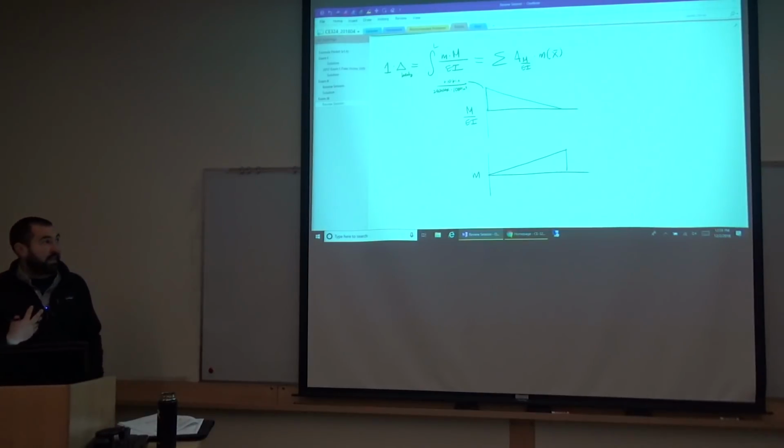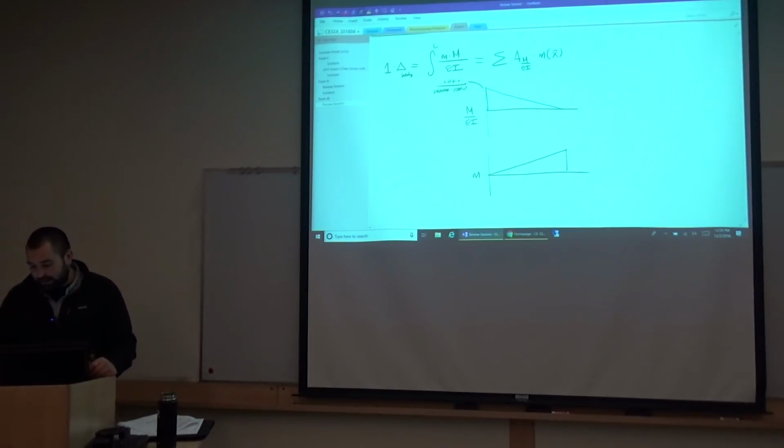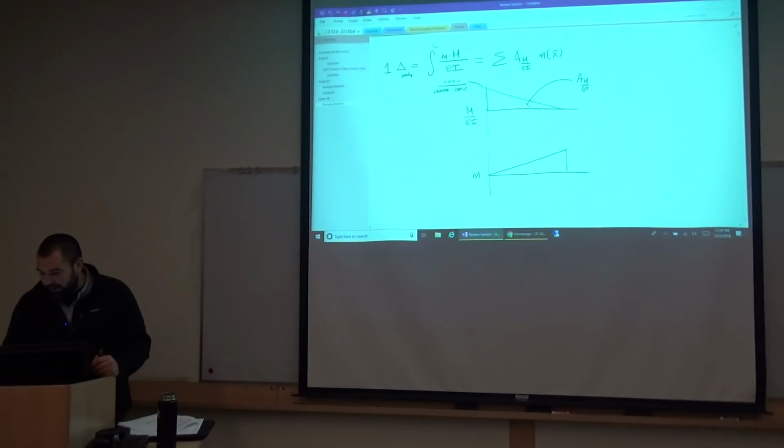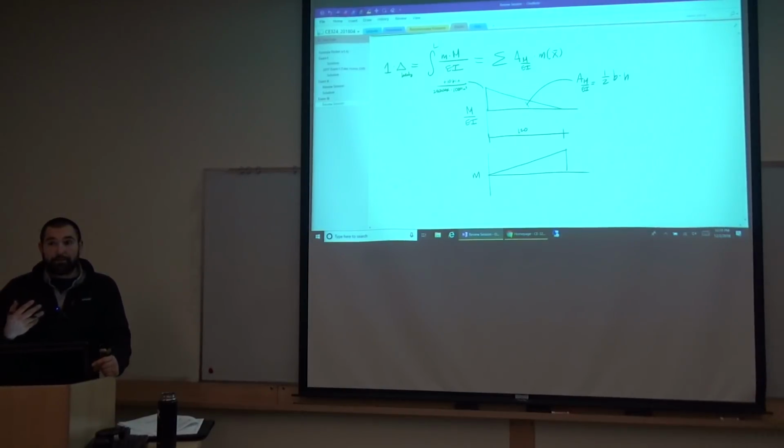So this area right here is easy to calculate. The area underneath the M over EI diagram is simply going to be equal to 1/2 the base times the height. Let's say that the length of this is 120 inches.